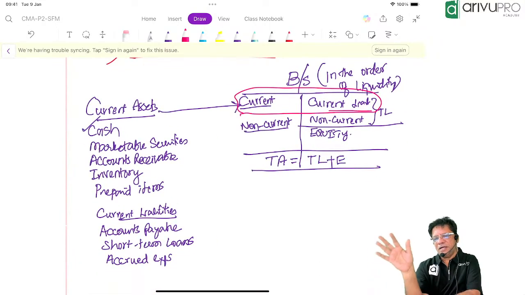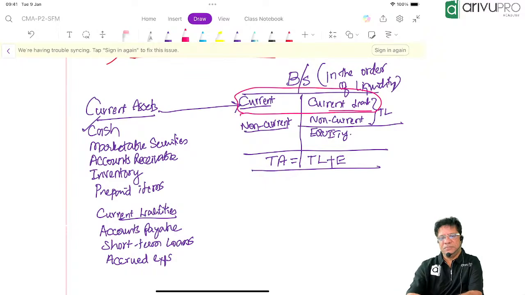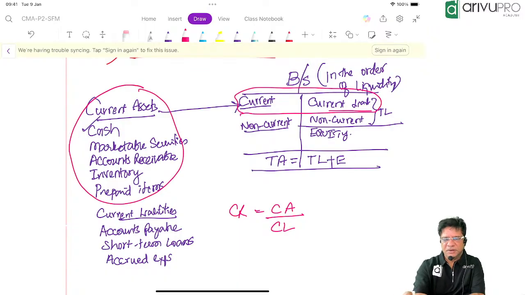Non-current assets, non-current liabilities, and equity, we are not talking about in liquidity ratios. So the current ratio is simple: current assets divided by current liabilities.